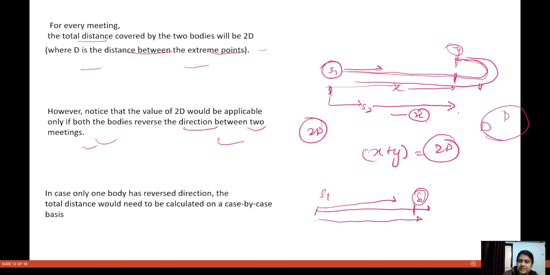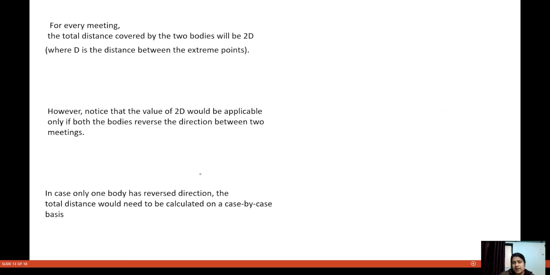If we are not changing the direction, this 2d distance will not be applicable. That distance, when someone is not turning direction, will have to be calculated on a case by case basis. So this is how we do all these kinds of questions.